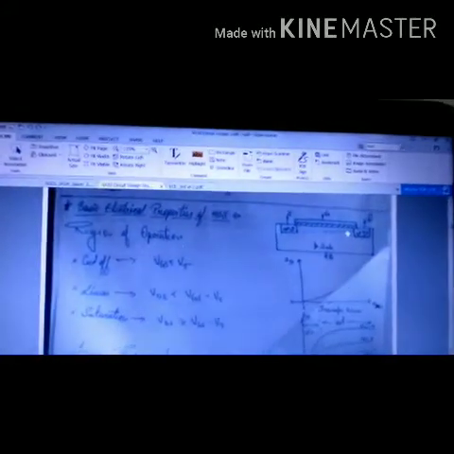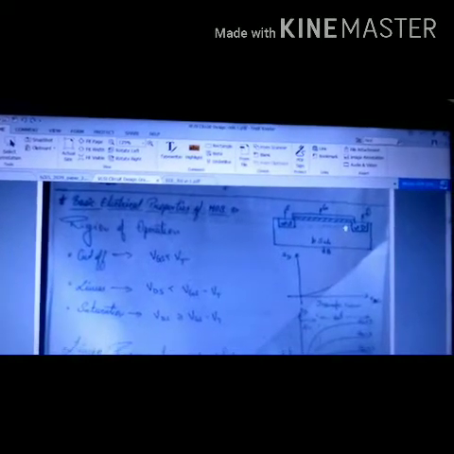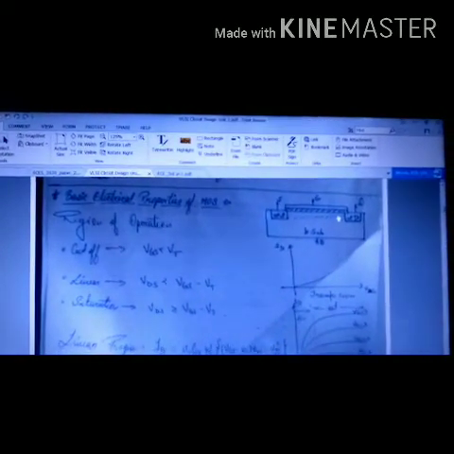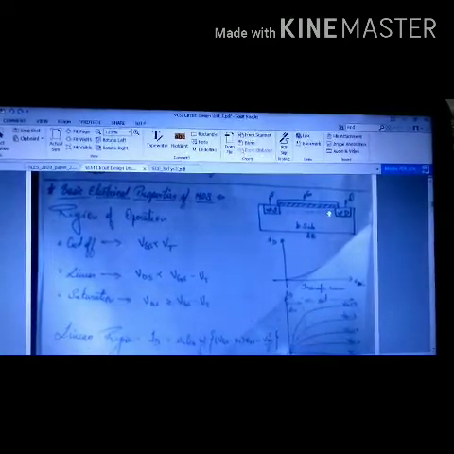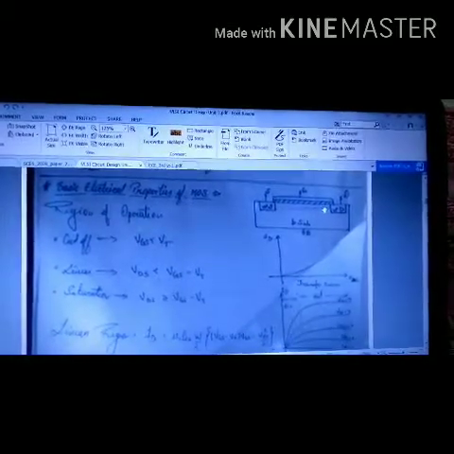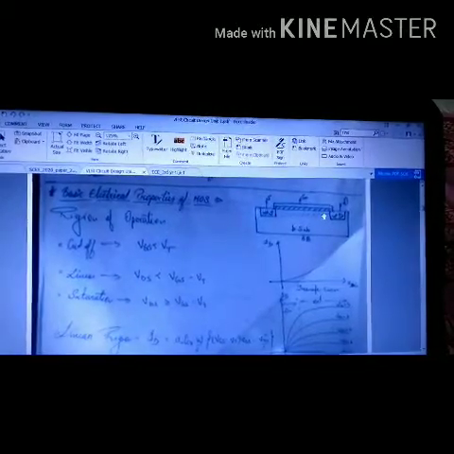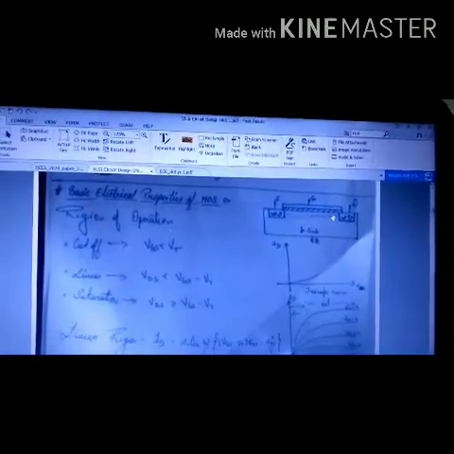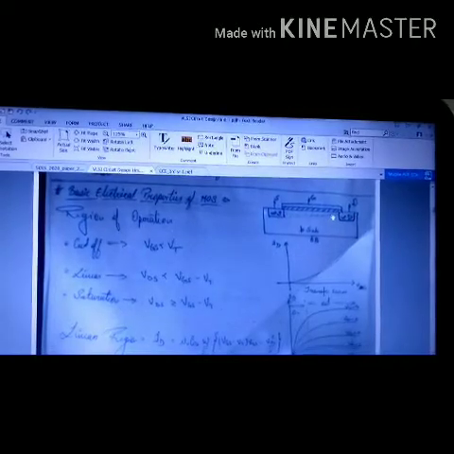Then the second condition for our device is the linear region. The condition for the linear region is VDS less than or equal to VGS minus VT. Again, the source is at zero potential and is taken as the reference, so the difference between drain and source is known as VDS.